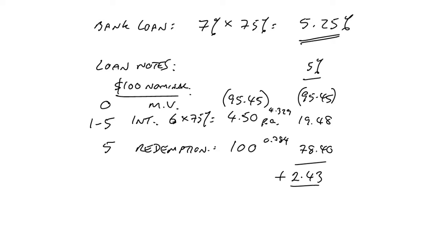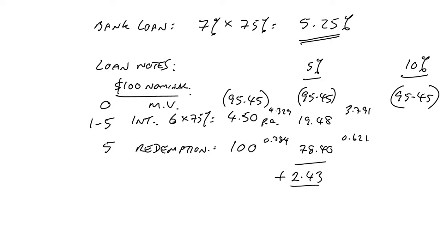Make a second guess, doesn't matter. I'll guess at 10%. I think the examiner chose something different, but I'll guess at 10. So market value 95 now is 95. The interest, the 5-year annuity at 10% is 3.791. The ordinary discount factor for 5 years at 10% is 0.621.